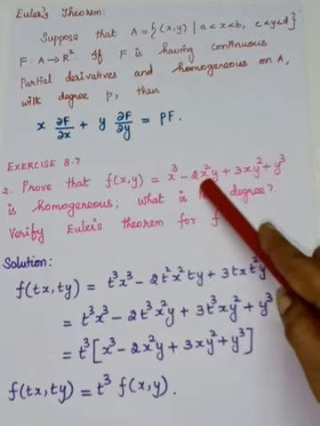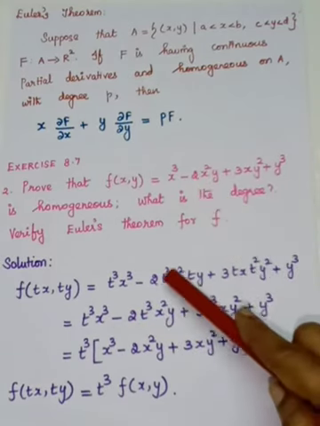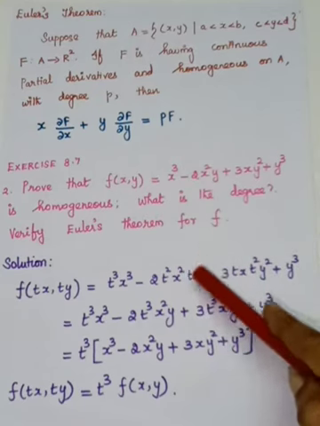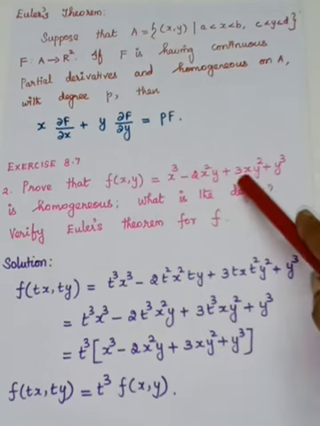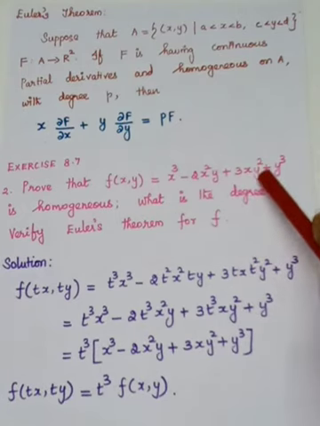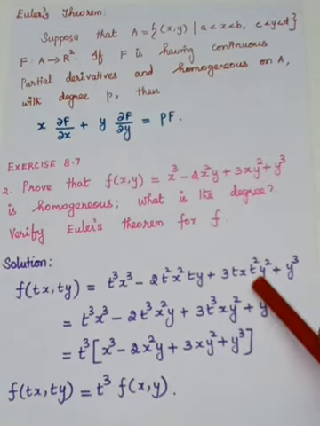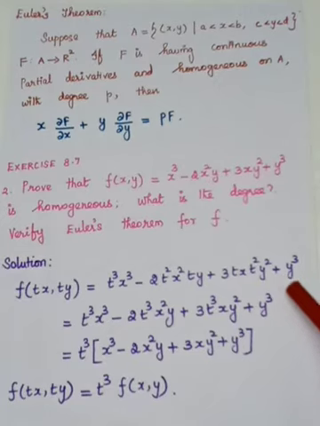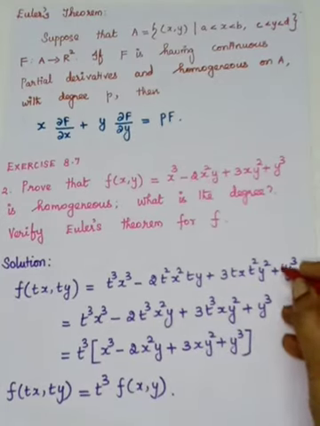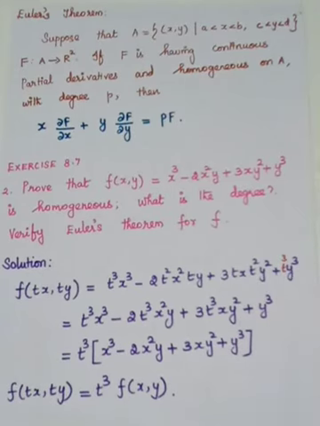And here what you will have, tx the whole square, that is t squared x squared, y is replaced by ty, plus 3 into x replaced as tx and y as ty the whole square, that is t squared y squared, plus here what has to come, it is t cube y cube, because y has to be replaced by ty, but it is t cube y cube.